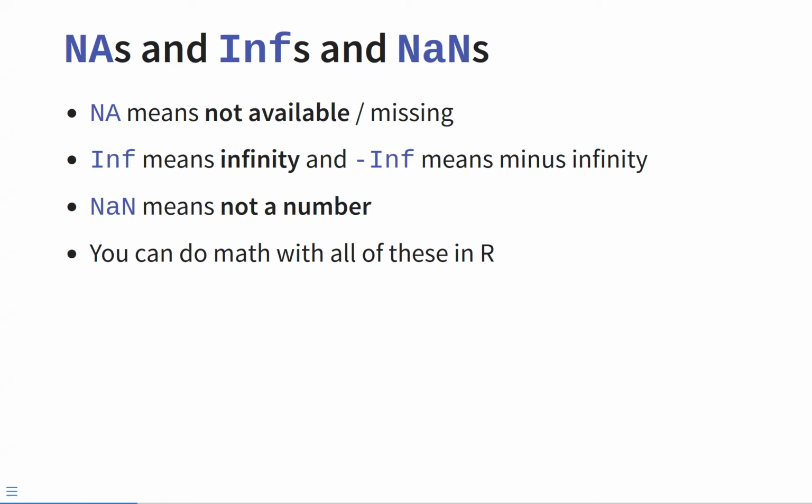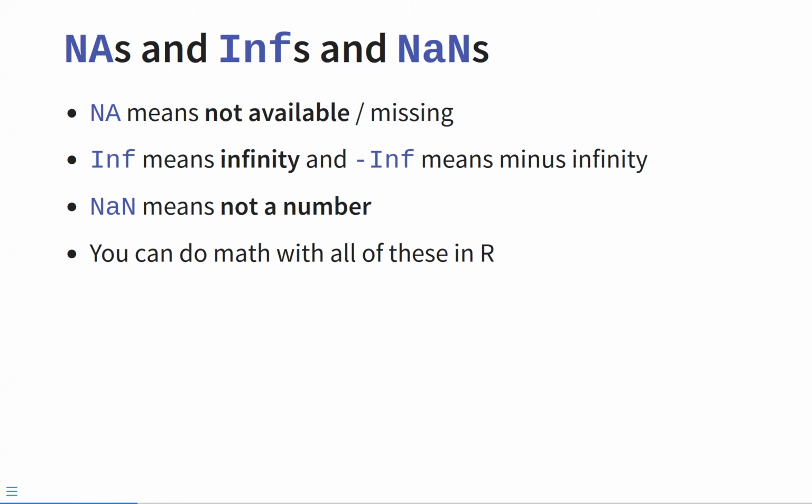You may be wondering what's the difference between NaN and Inf. Well, NaN is basically what you see whenever there's a calculation that is undefined, so something like 0 over 0, whereas Inf and -Inf are what you would encounter when there's a value that is in fact infinite.